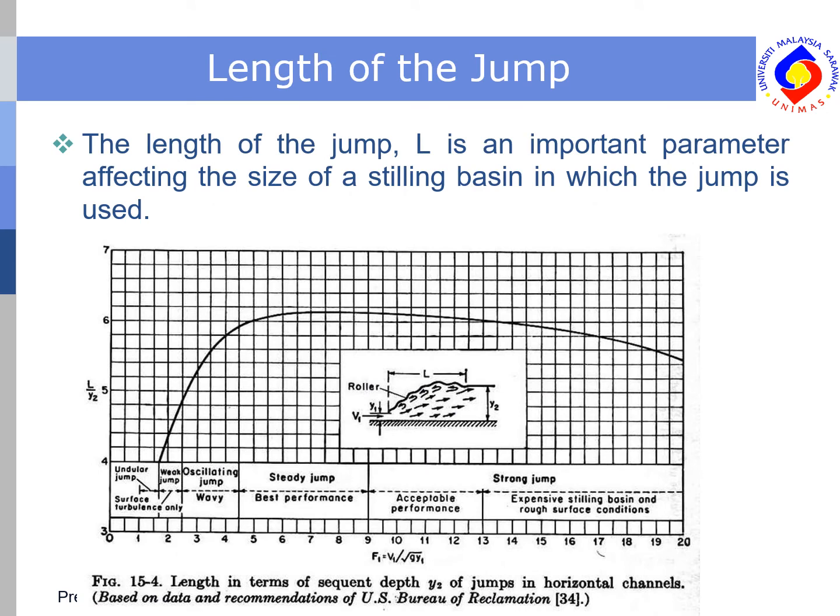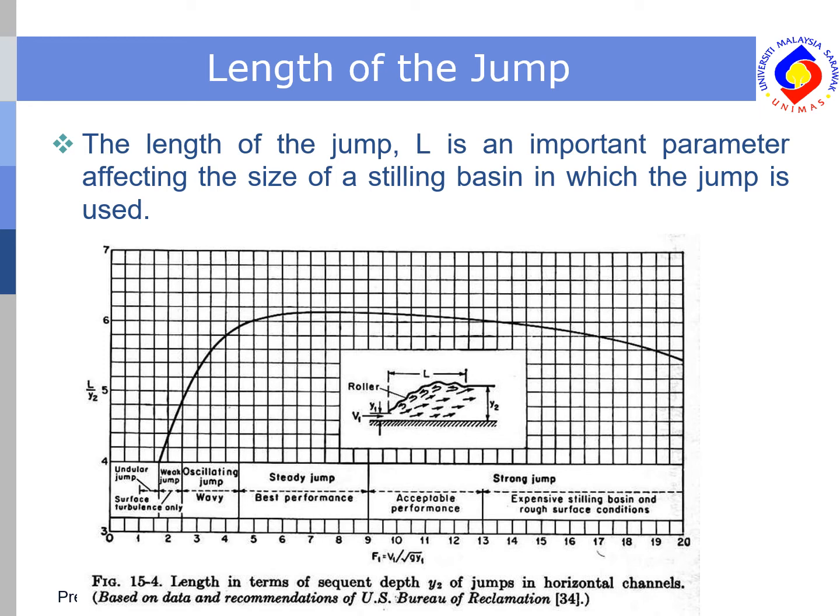To find the length of the jump, L, which is an important parameter affecting the size of a stilling basin, we can use this chart by the US Bureau of Reclamation. So in this chart, to find L, first we need to calculate the Froude number. The Froude number is given on the horizontal axis.